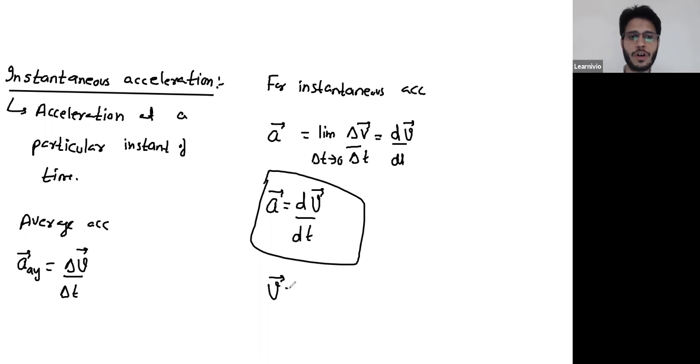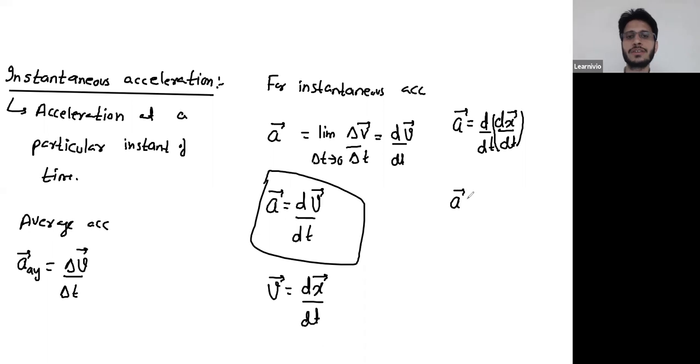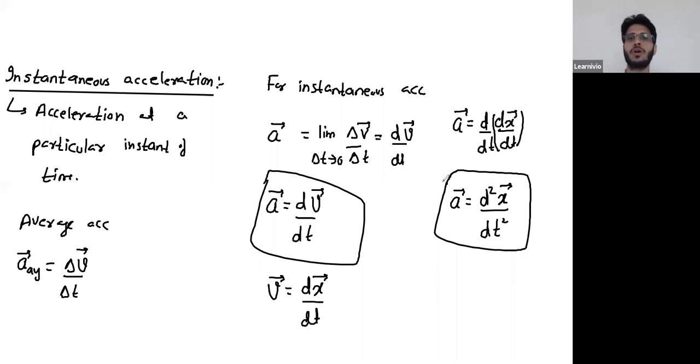You can even write velocity as dx over dt, so substituting, this is d over dt of dx over dt, which is d square x over dt square. This is how we calculate instantaneous acceleration.